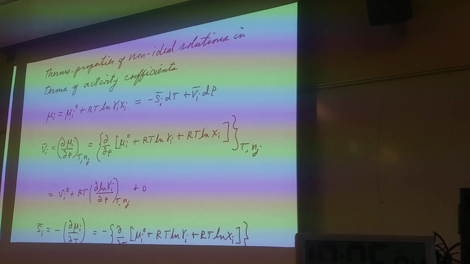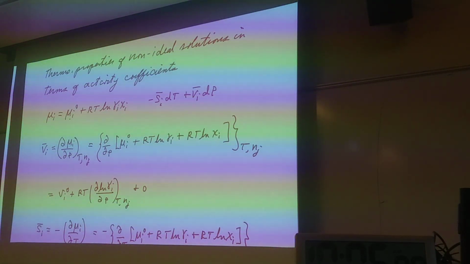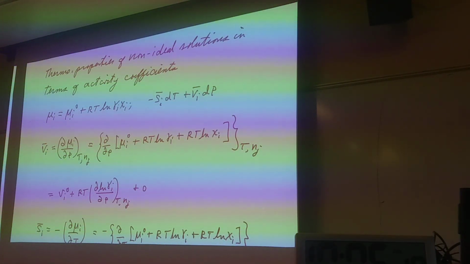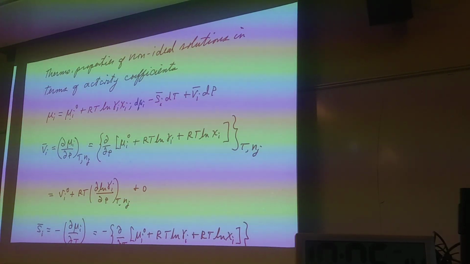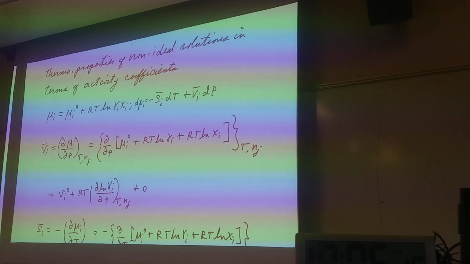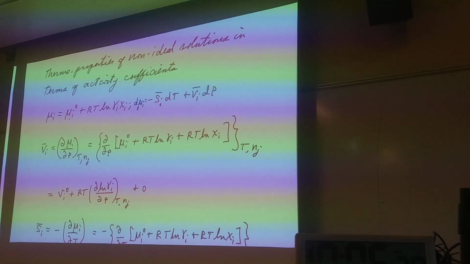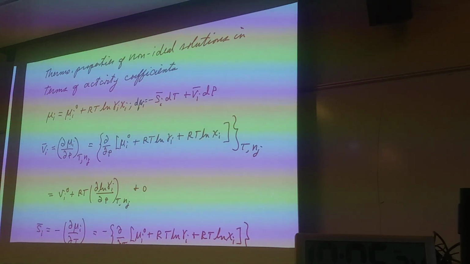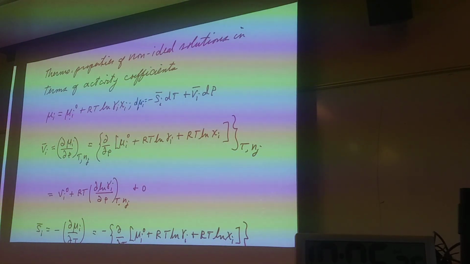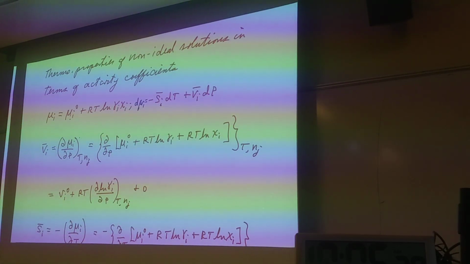This is a little bit in error, so I can fix this. A little bit crowded there, but you see what I'm writing, d mu i is equal to minus Si dT plus vi dP. So that's the fundamental equation for it, and that's how we extract the derivatives that we need. So we can go right down the list.